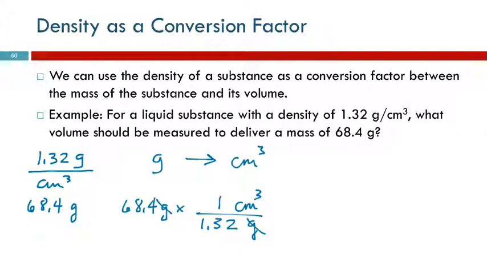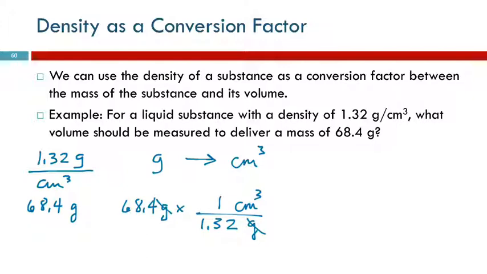I don't have to think about, do I multiply or divide by the density? I don't need to rearrange an equation with fractions. I just put the units in and they tell me where to put the number. Please do your densities this way, okay, on the worksheet. Practice it. Once you see it, it's so much easier than the other way.